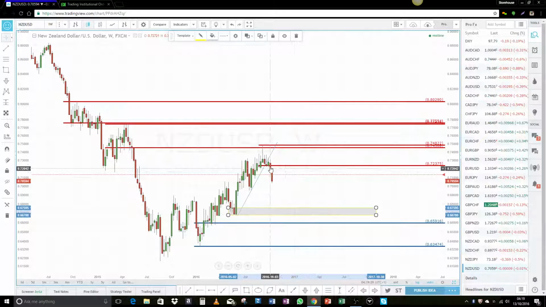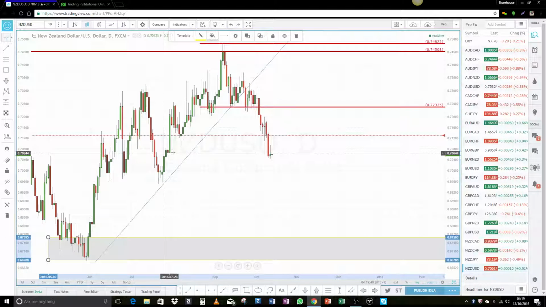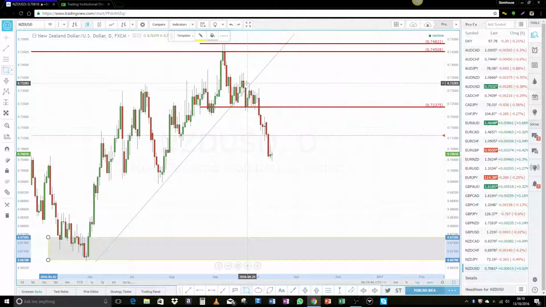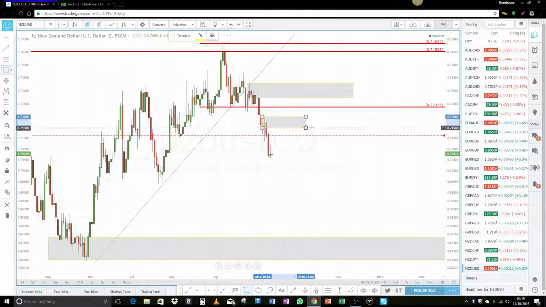So again, for the person trading the weekly, daily, 4-hour, or even someone trading the monthly, weekly, daily, these are the areas to watch. And when you go down to the daily, just keeping the lines on the chart, you'll see that we have a couple of interesting levels. We have this one on top here, and also now this little area here.